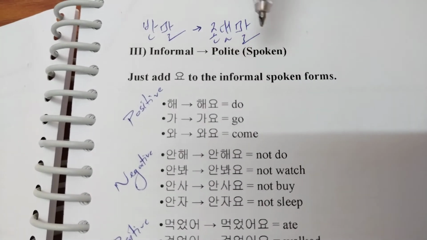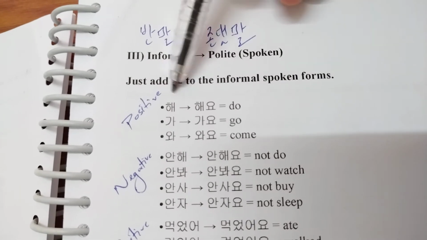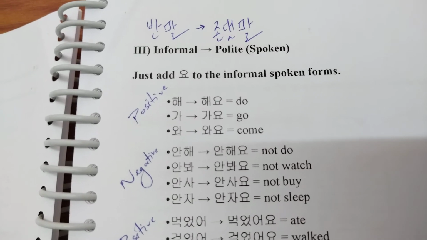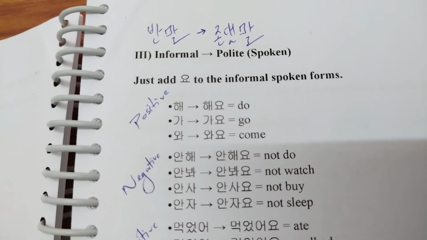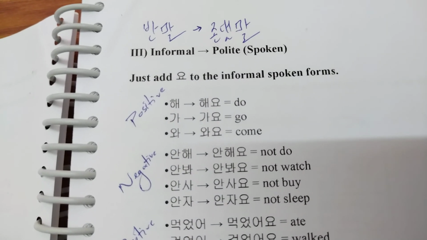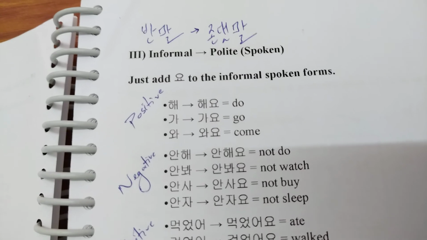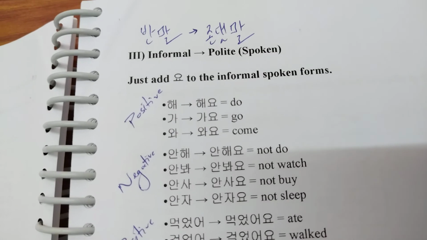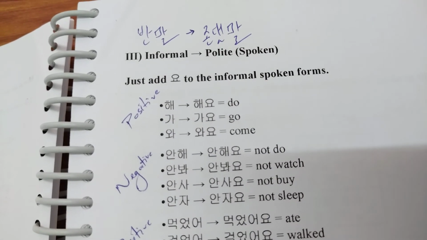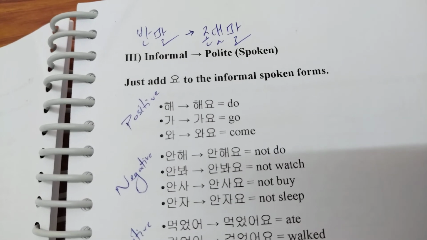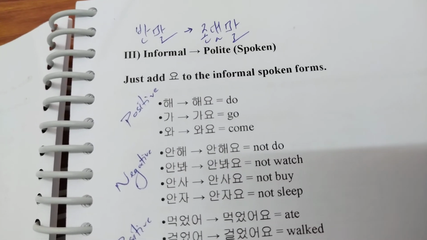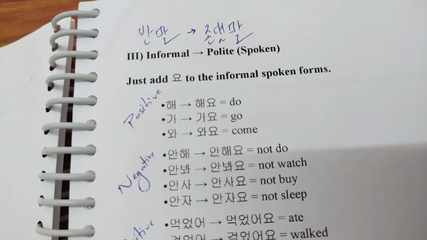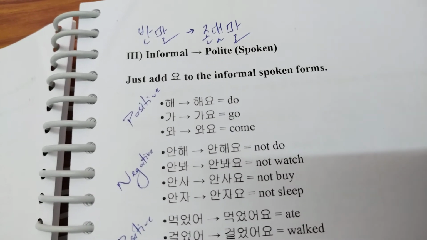There's pretty much nothing you gotta do. Only just add the 요 to the end of the informal version of that sentence or conversation or word or whatever you were gonna say. Just go ahead and add a 요 at the end. If the 입니다 and 습니다 forms are hard for you in the beginning, when you are starting to play with the language and starting to use the language with a native Korean, in that case you want to speak formally and you have to speak formally, you can just add a 요 at the end to everything you want to say.